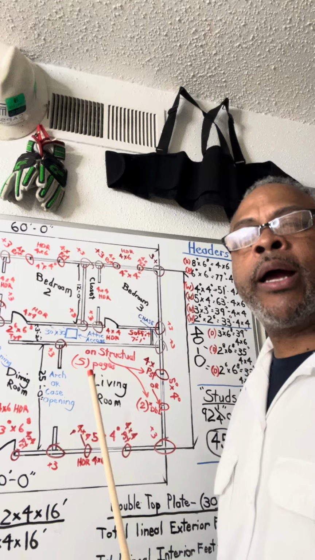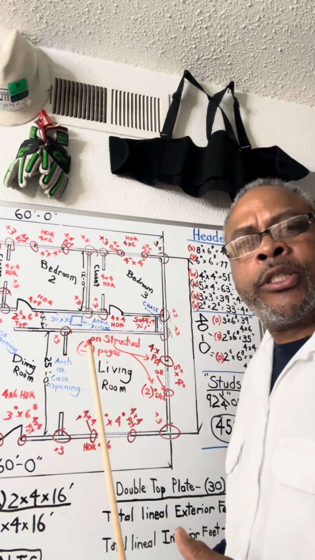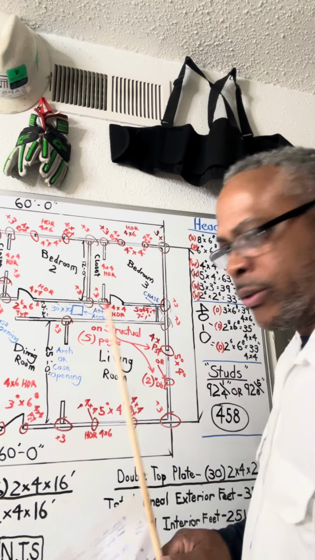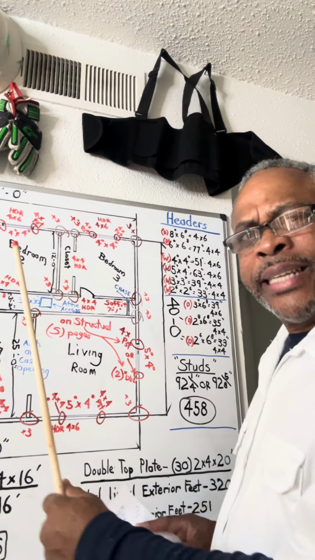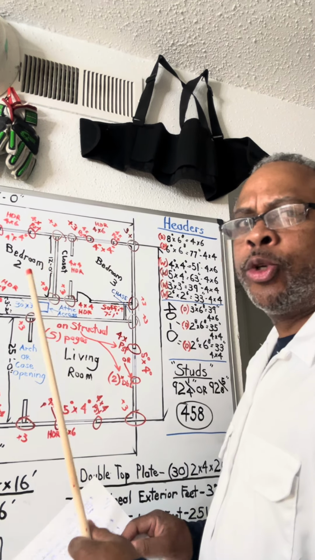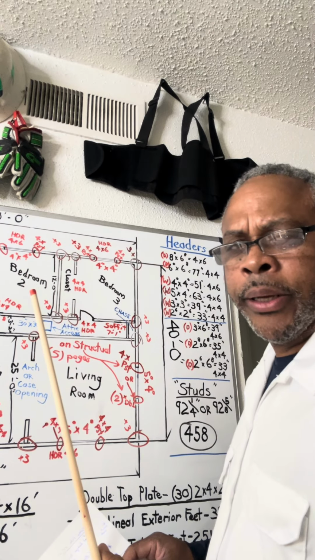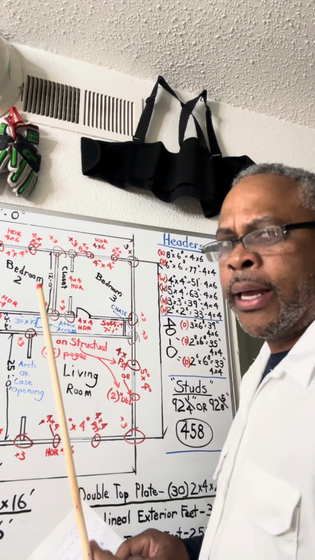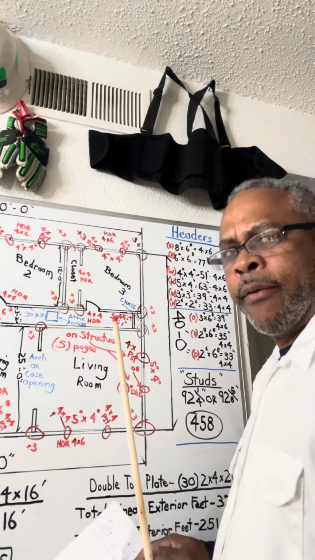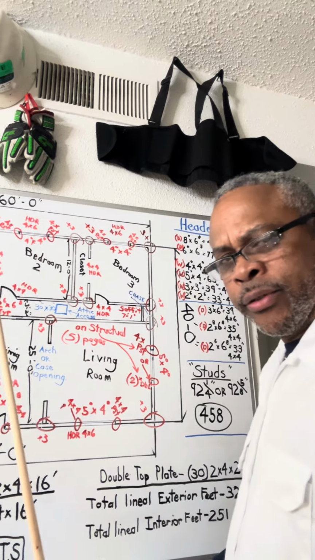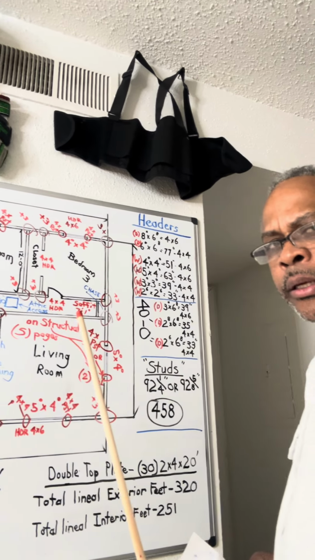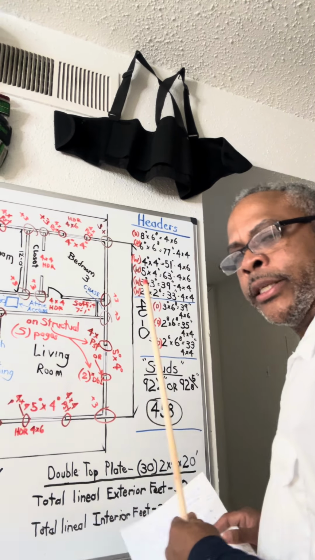I like to stagger mine really 48. I want that staggered, and I want that diaphragm, that locking in. 32 is minimum, but I don't like 32. You're cheating a little bit. I like that half plywood on. Half plywood, full sheet, half sheet. Full sheet, half sheet. And where the half sheet ends, another full sheet continues.